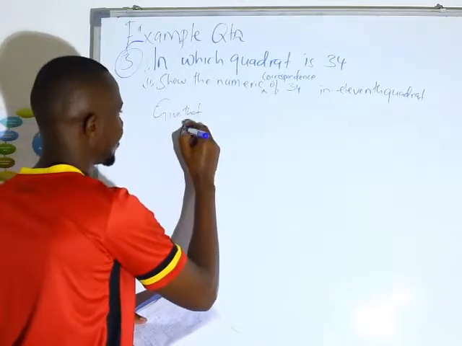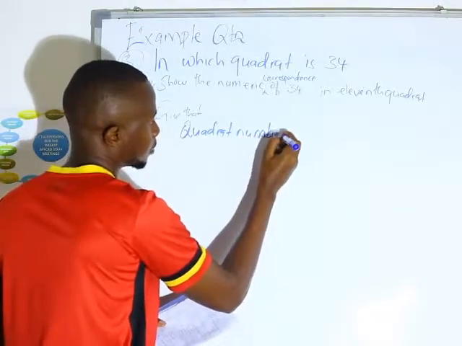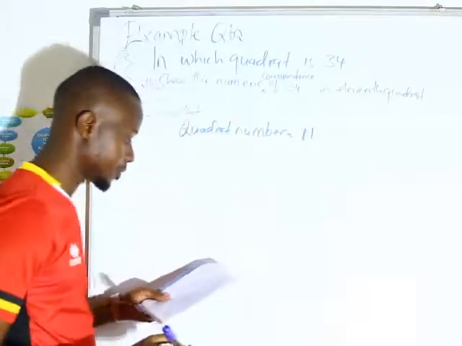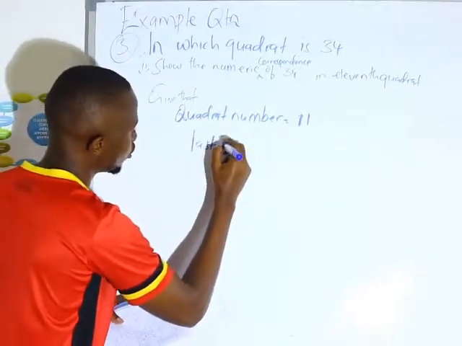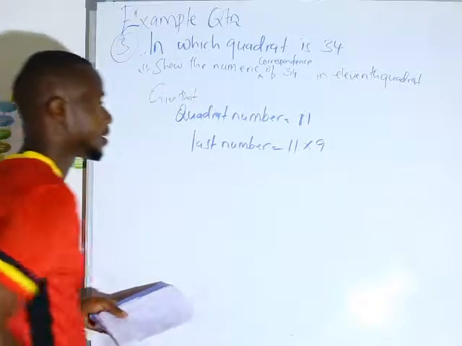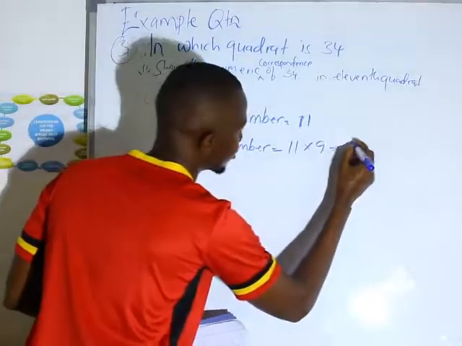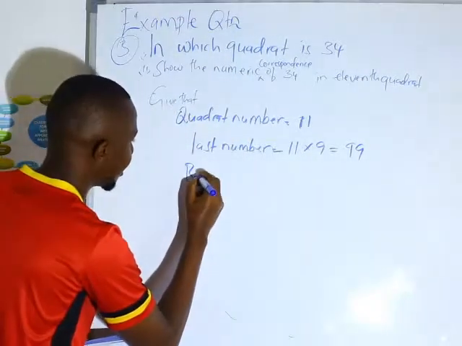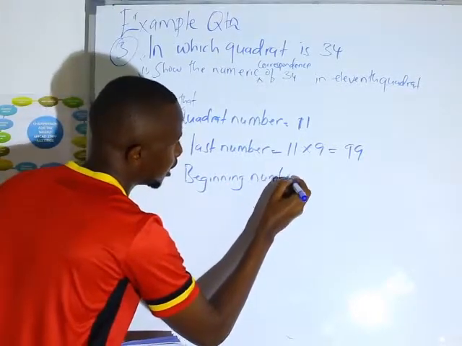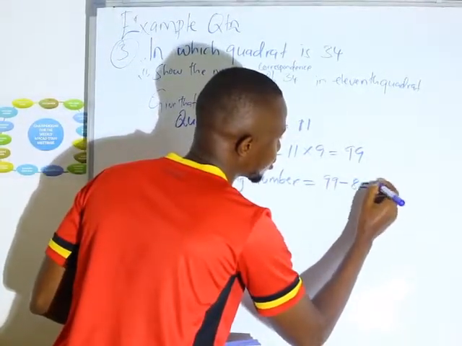So quadrant number equals 11. Last number in the 11th quadrant equals 11 times 9, which is 99. Beginning number in the 11th quadrant equals 99 minus 8, which equals 91.